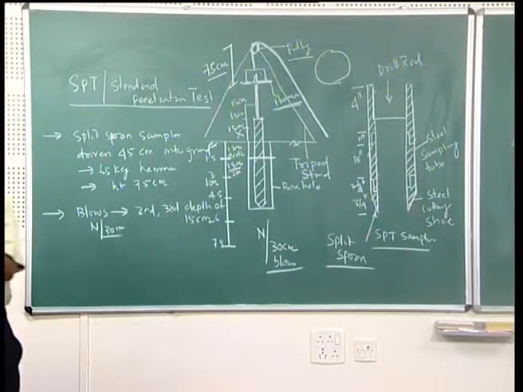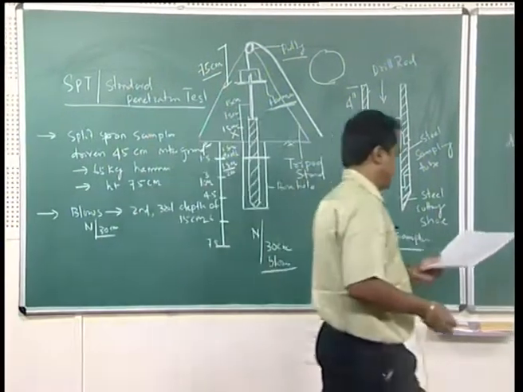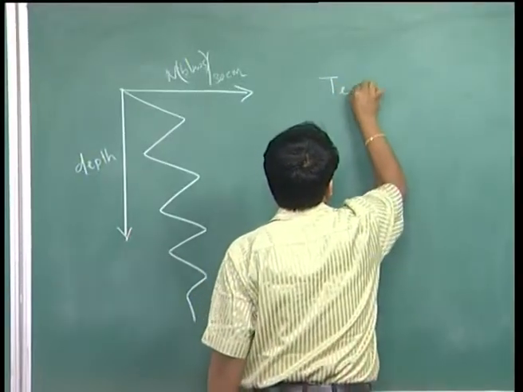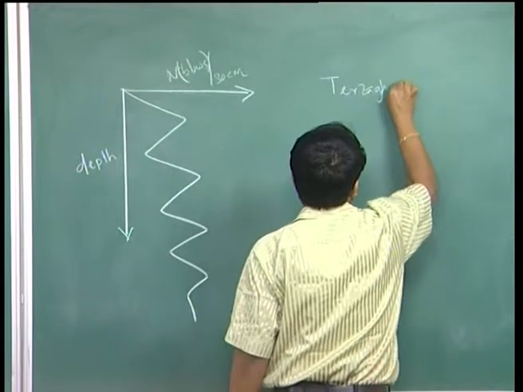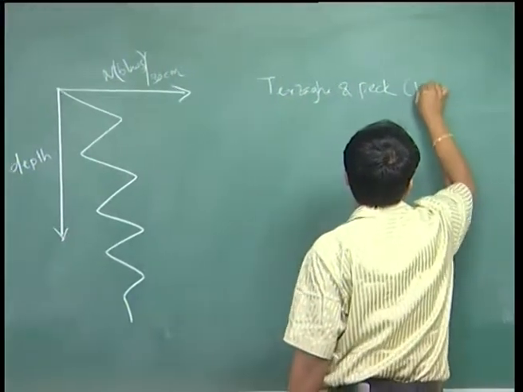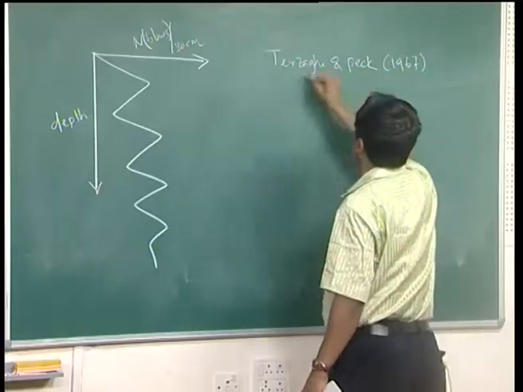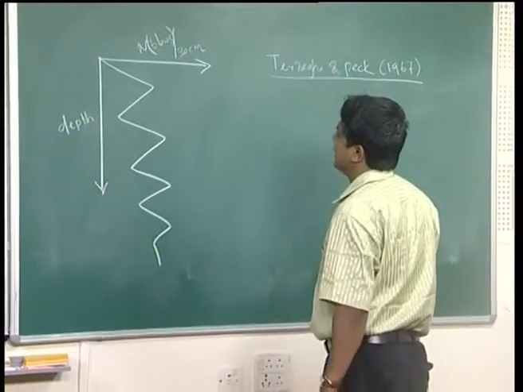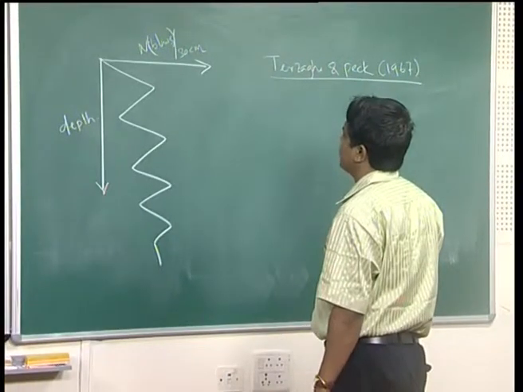Terzaghi and Peck, 1967, have given the relative density from the SPT N blows.